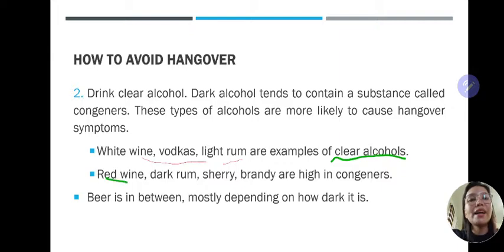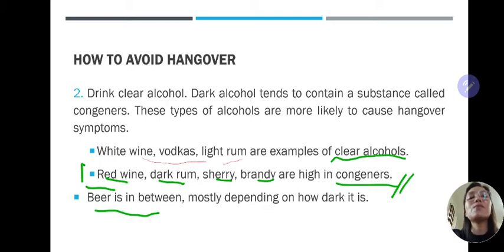And then red wine, dark rum, sherry, brandy are high in congeners. So ito yung dapat nating iwasan. And then beer is in between, so hindi natin alam kung white siya or dark. Because it depends on how dark it is. So, merong beer na mas dark, mas mataas ang congeners nun. So, pipiliin nyo yung beer na medyo light yung color.